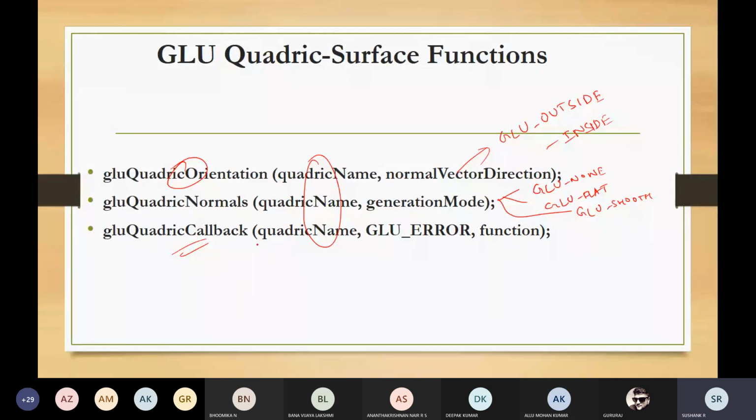That function is the GLU quadratic callback function.